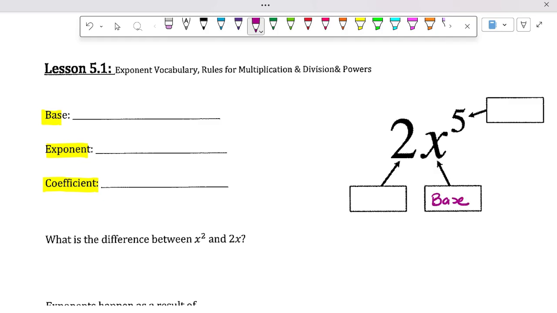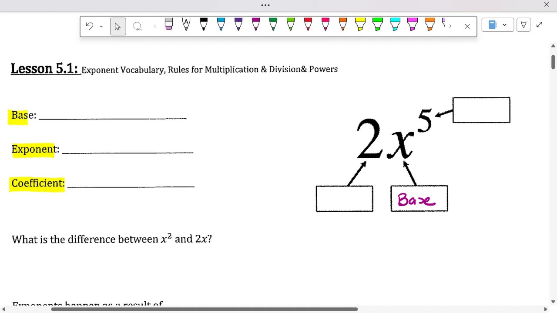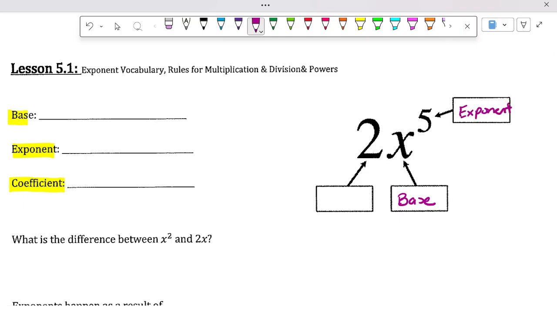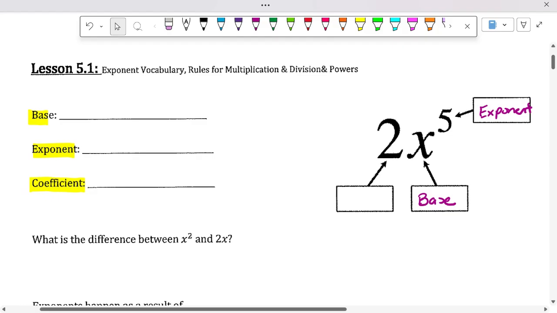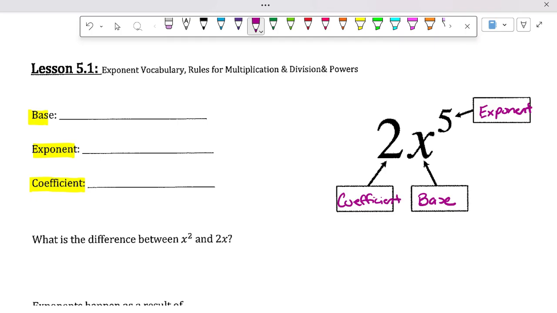What is my exponent? The 5 is your exponent. You guys should know what an exponent looks like at the very least. So that leaves your 2 as your coefficient, which makes sense because it's a number in front of a variable.